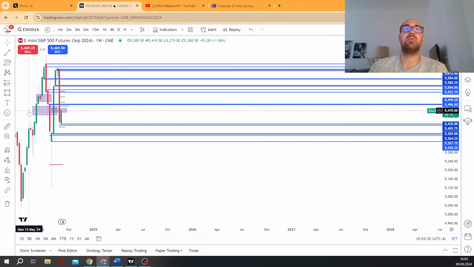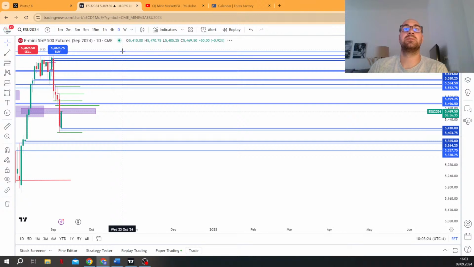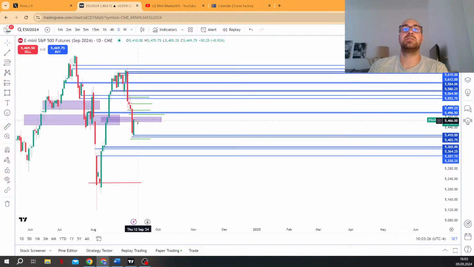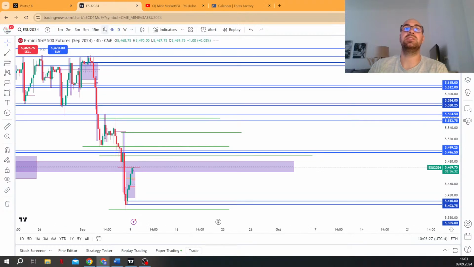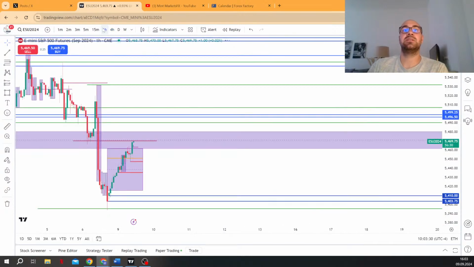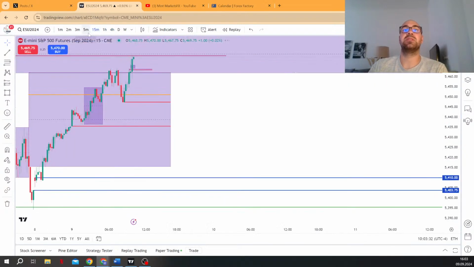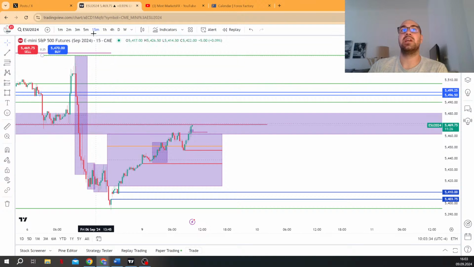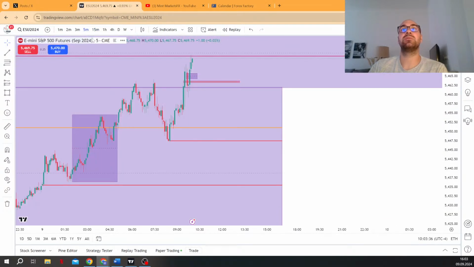So value gap here, midpoint. So I think we could see some kind of retracement here. It might stay very strong, but who knows? I'm not willing to buy into that premium here.